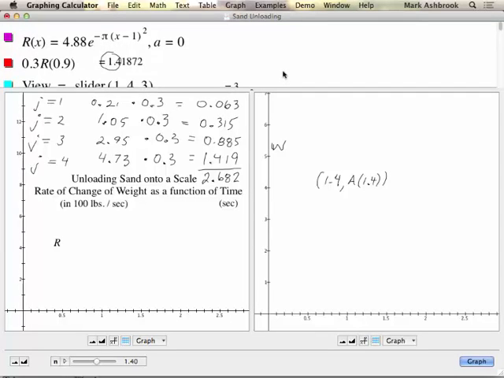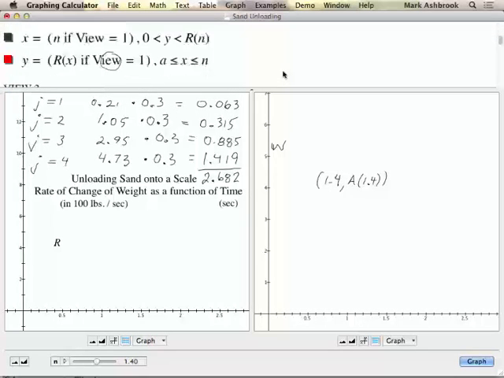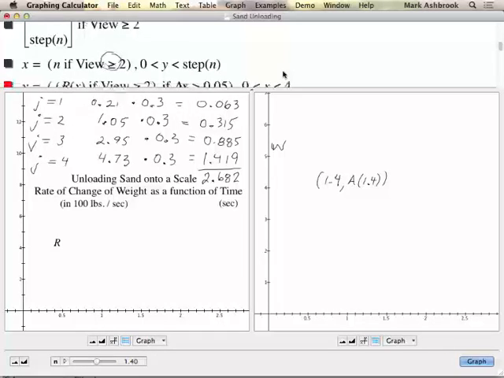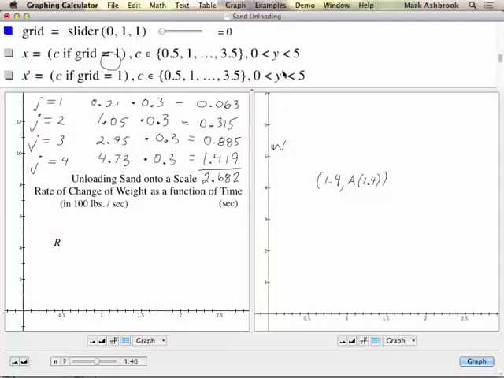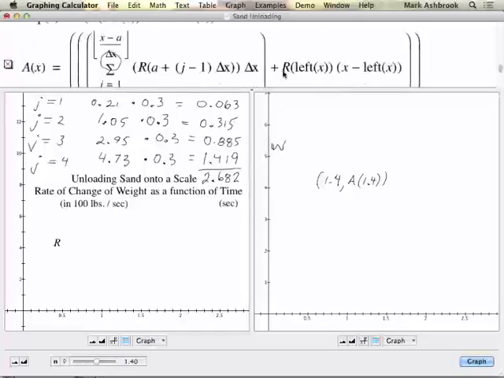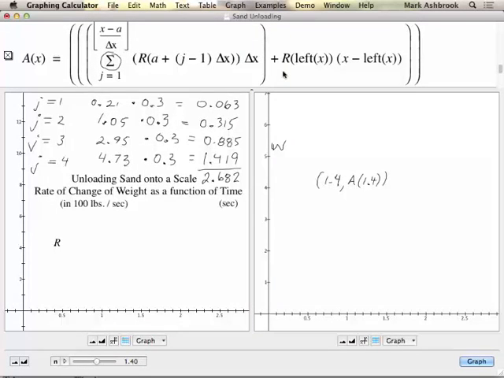Why not? This is the total accumulated weight in how many seconds? 1.2. These are the whole intervals. This is 4 whole intervals, which would get us up to 1.2 seconds. So we still have a little more accumulation for the last part.